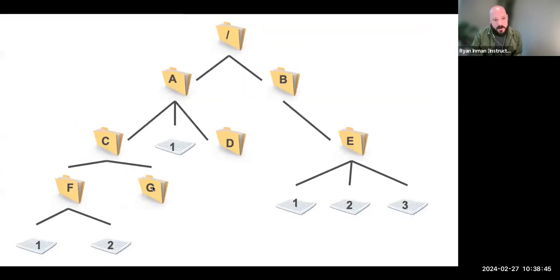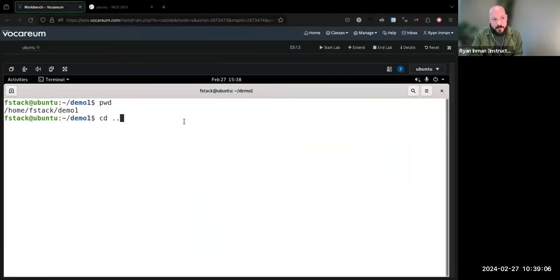In other words, if I'm in G, .. refers to C. If I'm in this D, .. refers to A. If I'm in A, .. refers to root. But it's the parent directory, or the folder which our current folder is in.